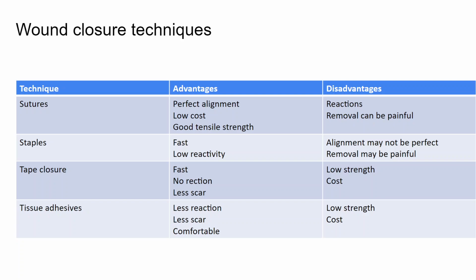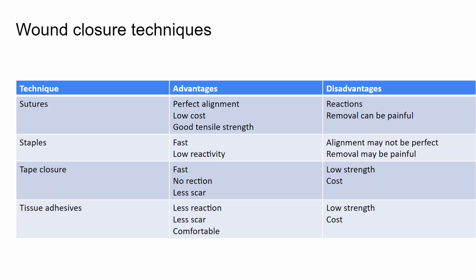Many of the synthetic substances like prolene are known to have comparatively the least reaction with the tissue, whereas cotton reacts with the tissue to the maximum extent. The reactivity would also be decided by the surface character. A rough thread would have more reaction, whereas a smooth material would have lesser reaction.